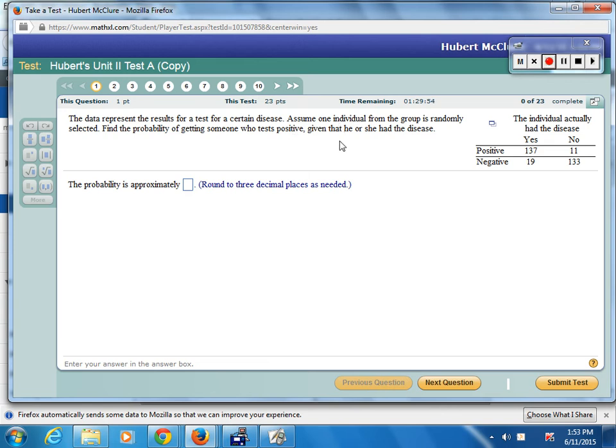Assume one individual. Okay, here we go. Given that he or she had the what? What does he or she mean? Additive rule. So he or she had the test. So find the probability of someone whose test is positive given that he or she had the disease. Individual had the disease.